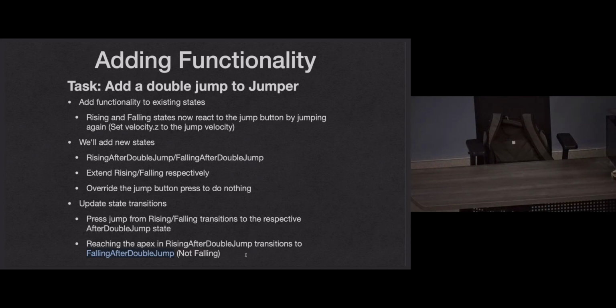That would give users infinite double jumps. They would jump, hit their apex, jump again, hit their apex, jump again, hit their apex, jump again. So we want to make sure we're transitioning into a state that disables the double jump. And then when we're falling after double jump and land on a platform, we go right back to the standing state, which trivially re-enables the double jump functionality.